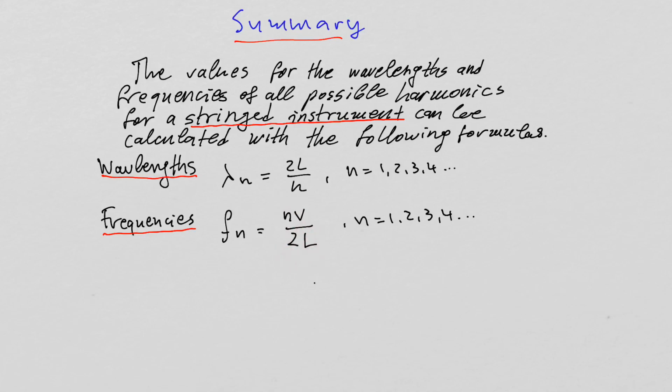So n, again, is this number, 1, 2, 3, 4, so on and so forth. And so each value of n corresponds to the harmonic in question. So for n equal to 1, that would be the first harmonic, or the fundamental frequency. For n equal to 2, we have F2, that's the second harmonic. For n equal to 3, we have F3, so that is the third harmonic, and so on and so forth.